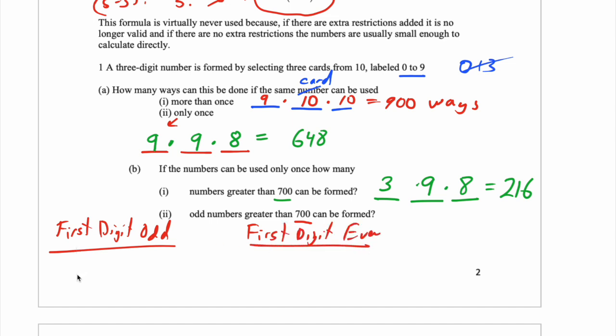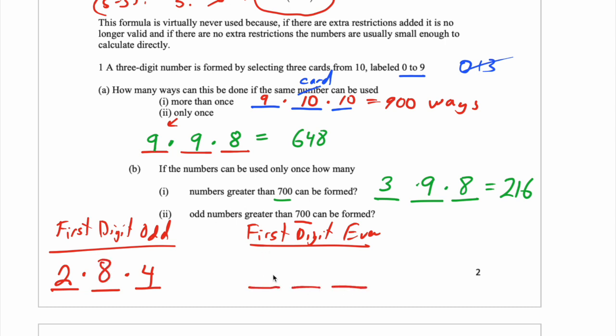And you'll see why in a second. If the first digit is odd, there's only two possibilities, 7 or 9. So there's two possibilities for the first digit. But when you look at the last digit now, there's only 4 possibilities because you've used up one of the 5 odd digits. And the middle one, there's 8 digits left, so that's going to be an 8.